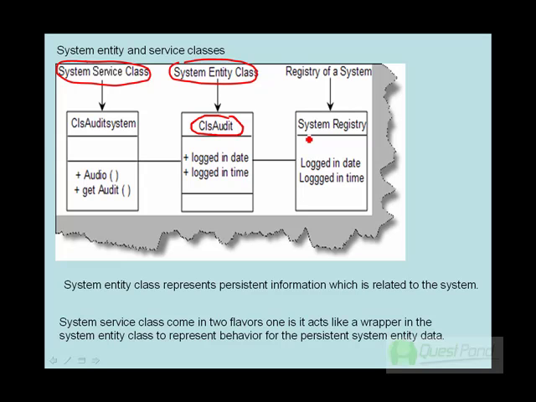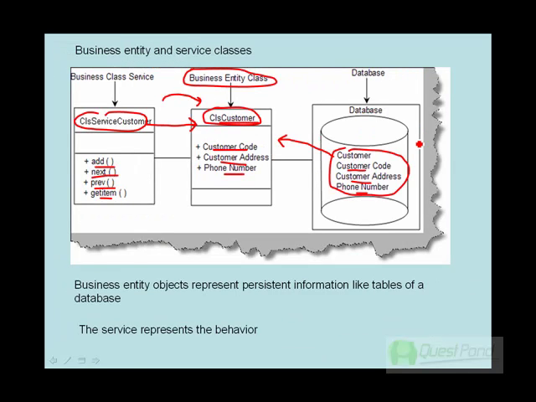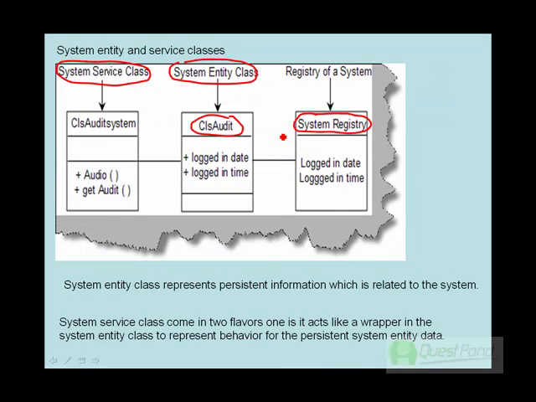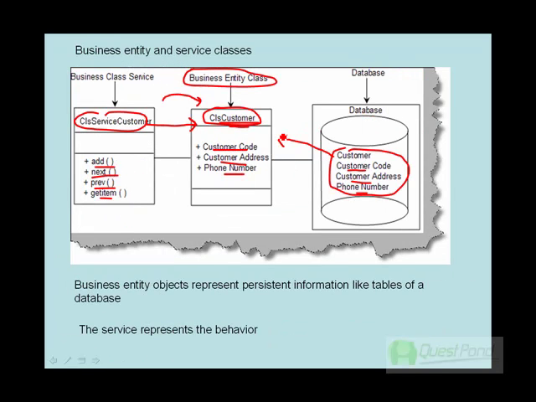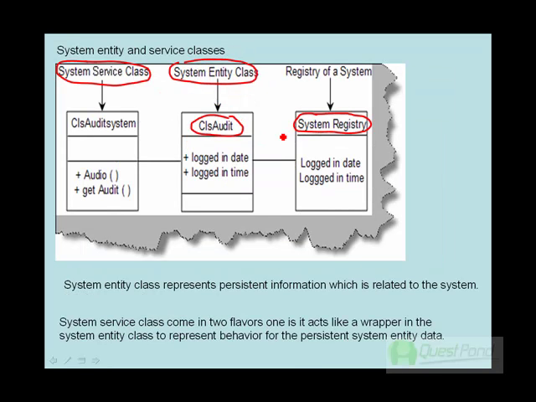If you want to represent a system behavior, use the system service class. If you want to represent system information, use the system entity class. The vocabulary system registry will not be understood by the end user, but the vocabulary customer will be understood by the end user. So the choice between business and system is mainly on the basis of technical versus business vocabulary.